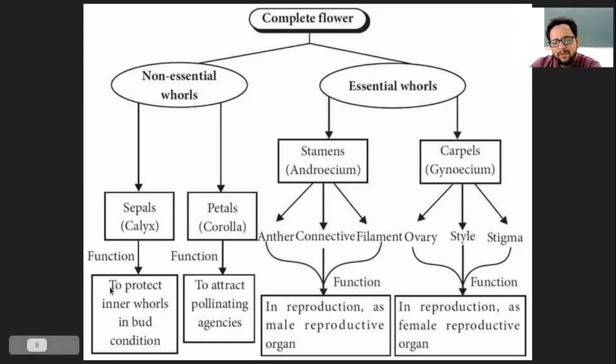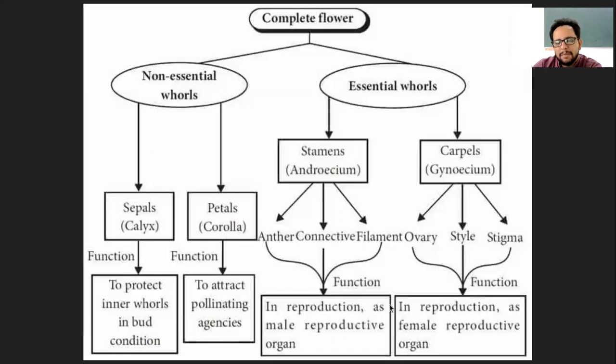The sepals' function is to protect the inner whorls in the bud condition, and because they are green, they also perform photosynthesis. Petals attract the pollinating agent, and during the bud condition they also protect the reproductive structures.